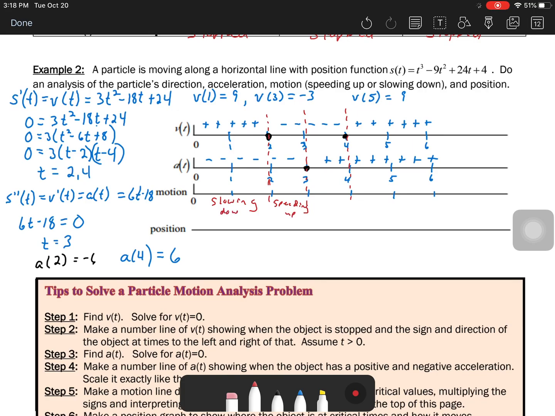Then between seconds 3 and 4, negative versus positive, that is going to be slowing down again. And the rest of the way, positive velocity and positive acceleration, this is all going to be speeding up again.